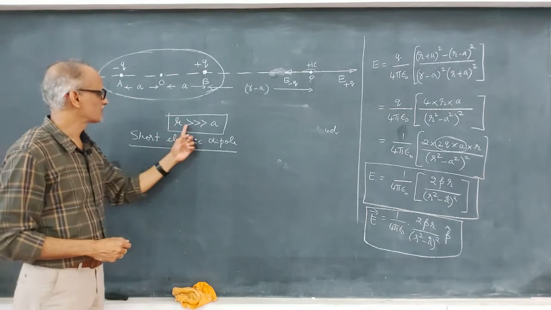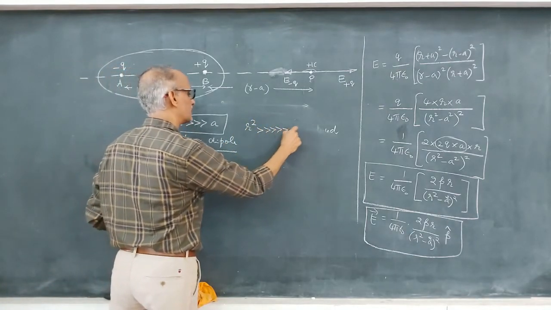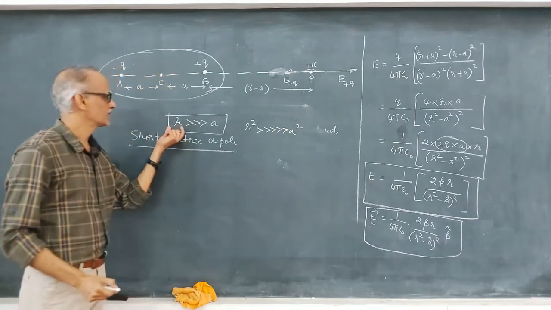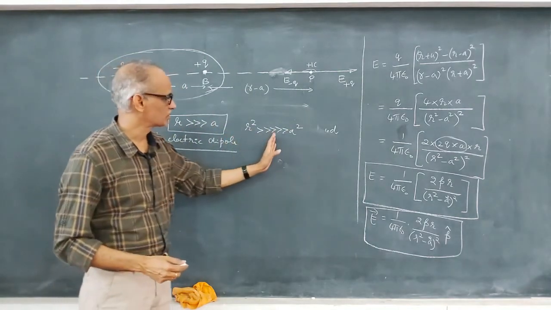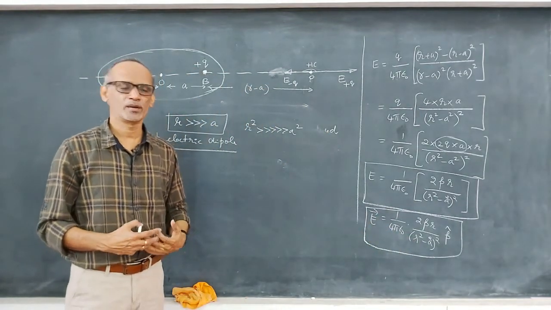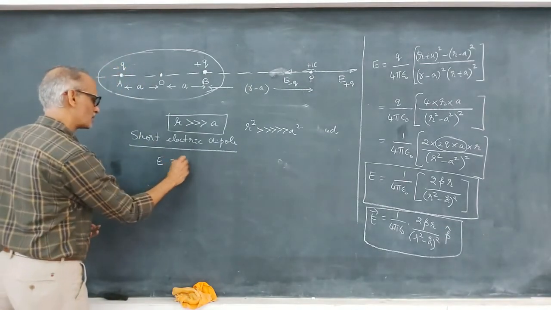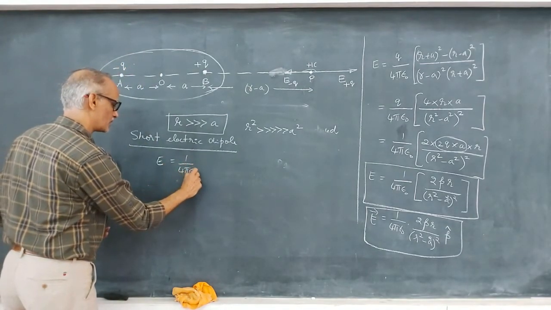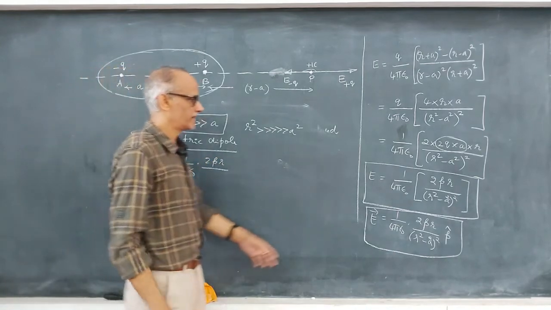And when r is much greater, r square becomes still greater than A square. When r square is much larger, we can neglect the value of A square in the denominator of that equation. So we get an expression E is equal to 1 by 4 pi epsilon naught 2pr by, neglect A square.